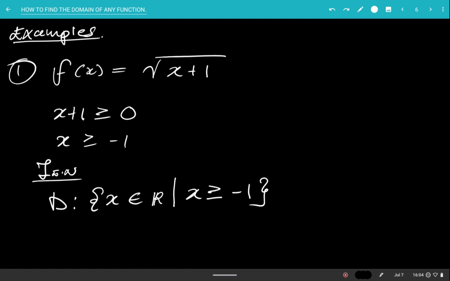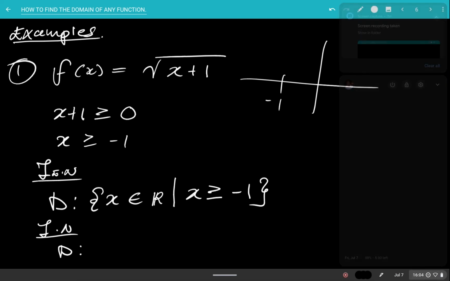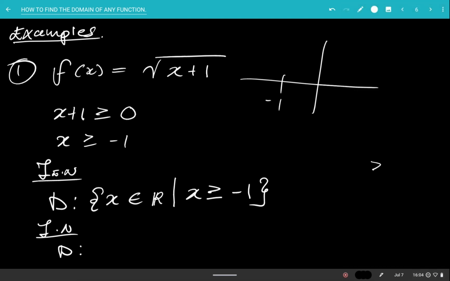But in the case where I want to use interval notation, I have to make a simple sketch, so that's my minus 1 there. One thing you should understand is that with inequality signs, when you have greater than or less than, be mindful that this is not including. But when you have greater than or equal to, or less than or equal to, be mindful that this is what? Including. In this case, we're including.